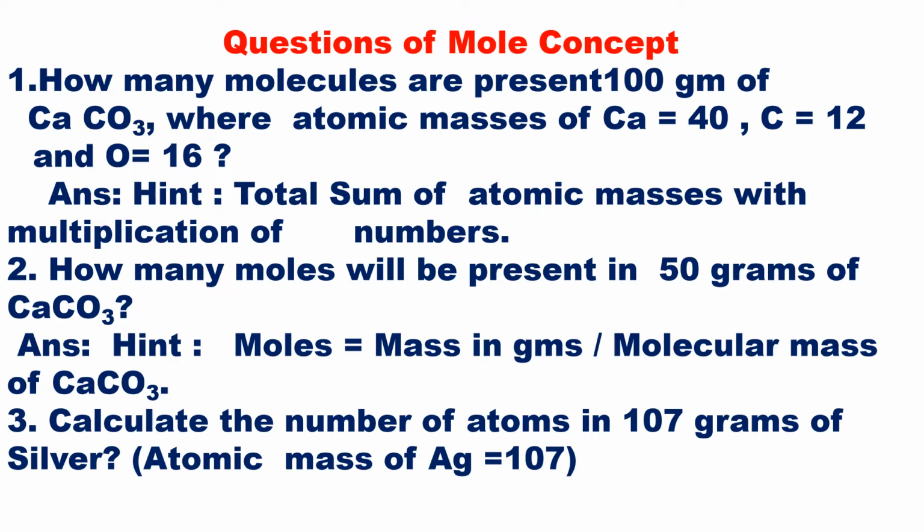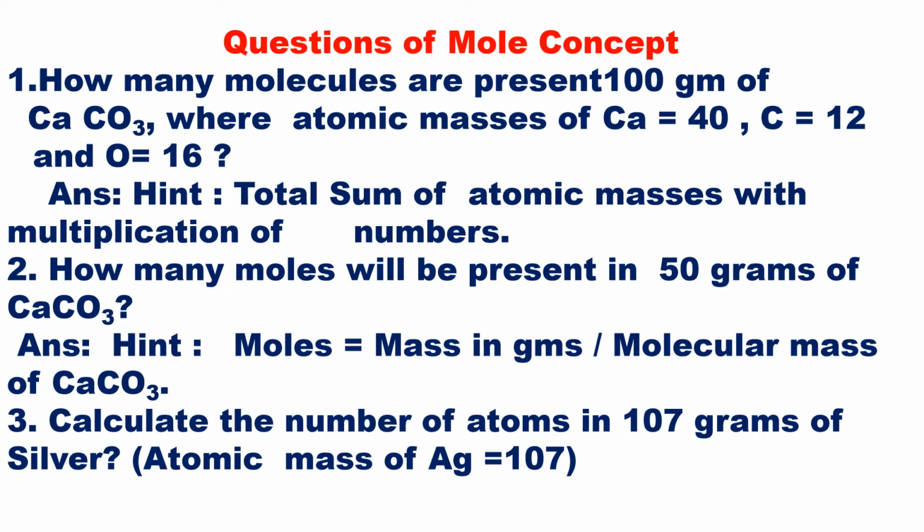It means if we are taking 100 grams of calcium carbonate, then 100 grams divided by 100 AMU, that is the molecular mass. So, 100 upon 100 is equal to 1 mole, that is 100 gram of calcium carbonate will contain 1 mole. If 50 grams of calcium carbonate is there, it will be divided, and thus the answer will come half mole or 0.5 mole.